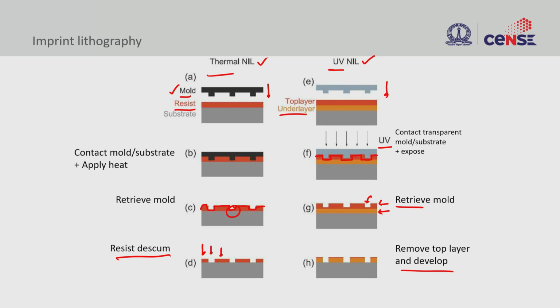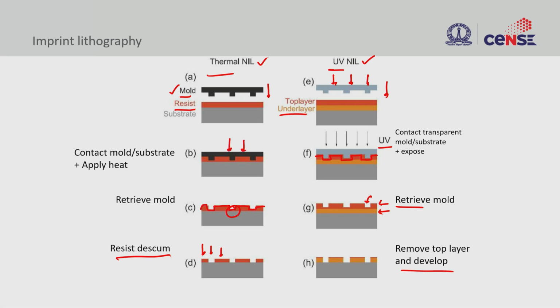But in UV nano imprint lithography, the mold should be transparent, because you are illuminating from the top. So more often quartz is used as a mold, while in thermal NIL you can even use silicon wafers. You can make a mold in a silicon wafer and then use that mold to transfer the pattern. One of the important things here is the force that we apply, because this is hard contact.